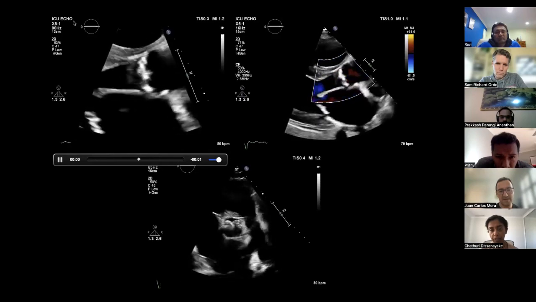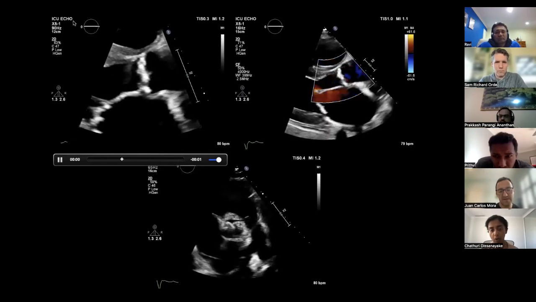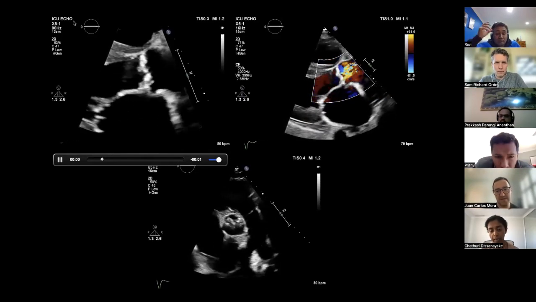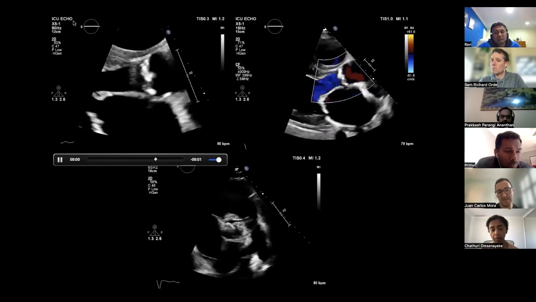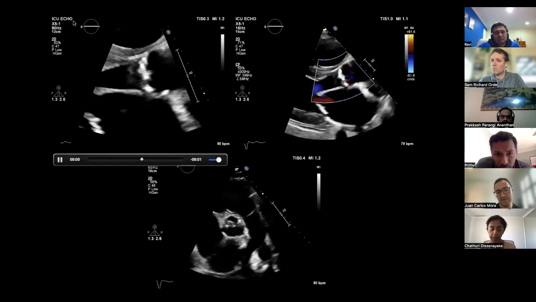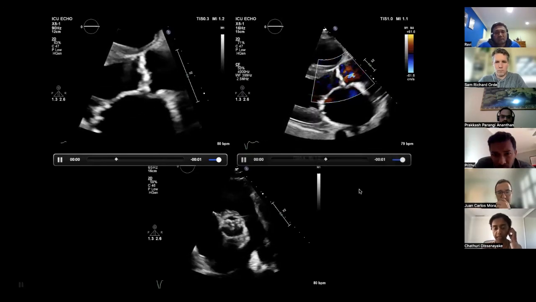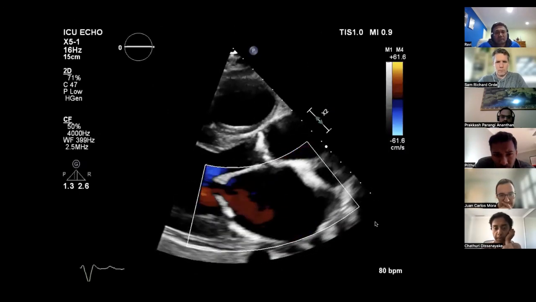I do get the impression that it's a trileaflet valve, although the separation between the right and left coronary cusp is not particularly clear, and a little bit of tilting of the probe would convince me otherwise.